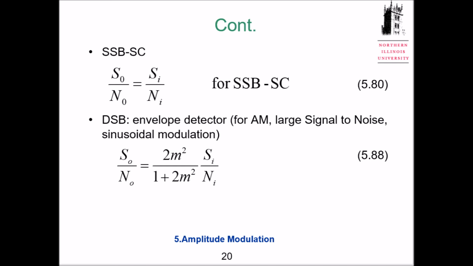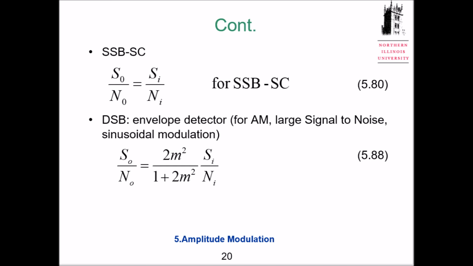However, for double sideband large carrier, if we use an envelope detector for sinusoid modulation, your signal to noise ratio compared with input is even less: 2m squared over 1 plus 2m squared times SI over NI.